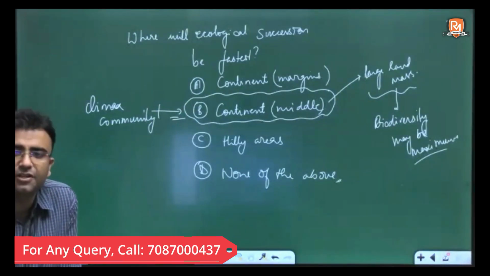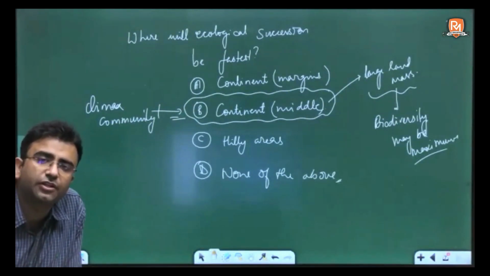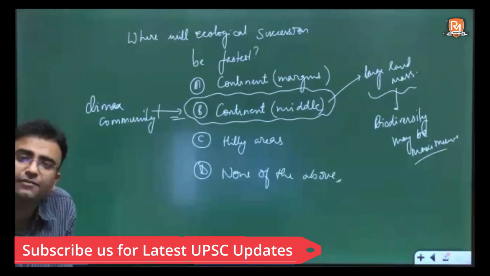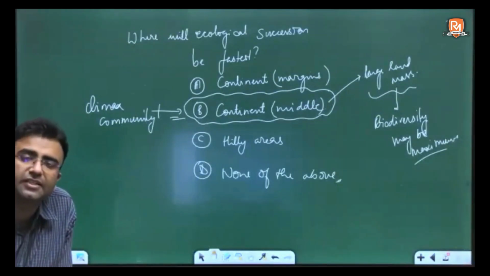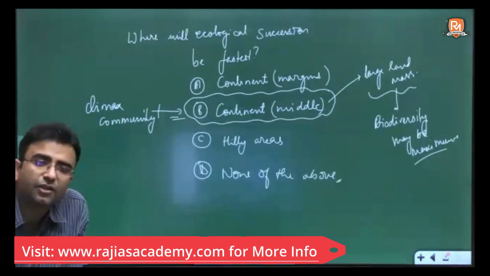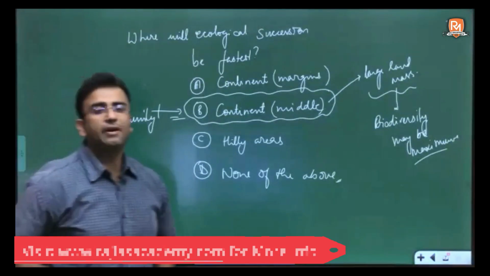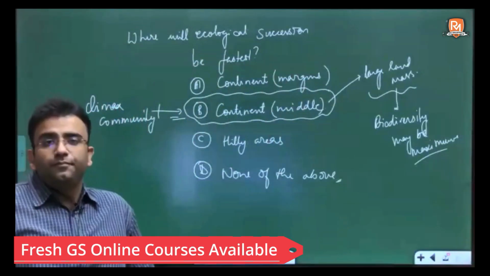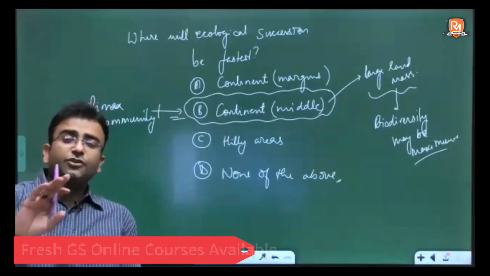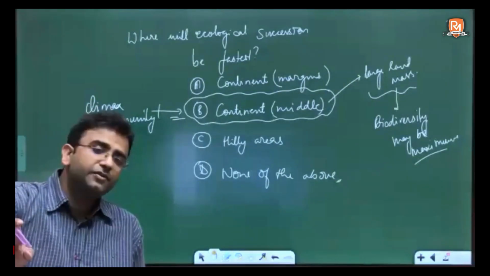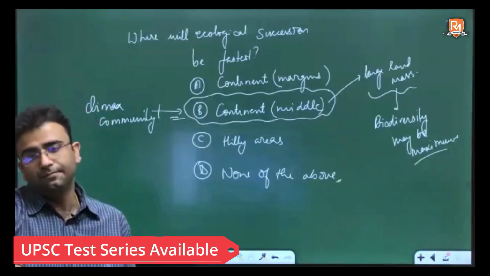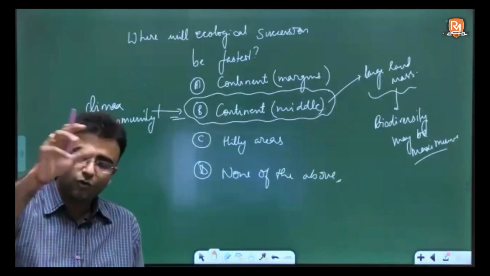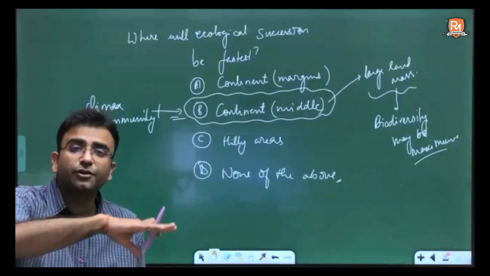In hilly areas, temperature, living conditions, water, many things are not there. If you look at the biodiversity across the world, the maximum biodiversity is seen in the continental regions, and particularly the plain areas, in the continental middle areas.